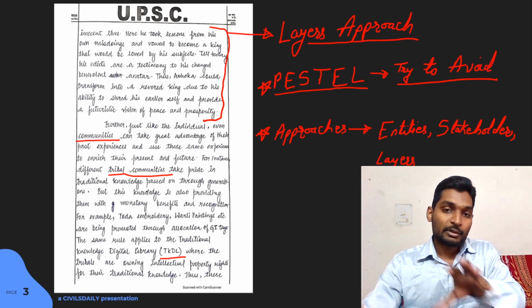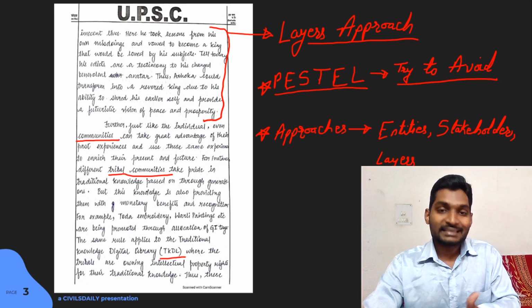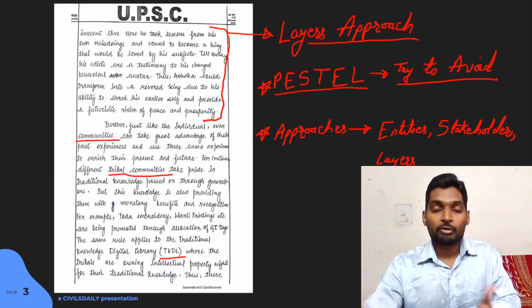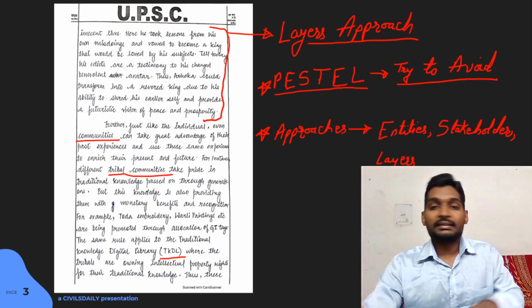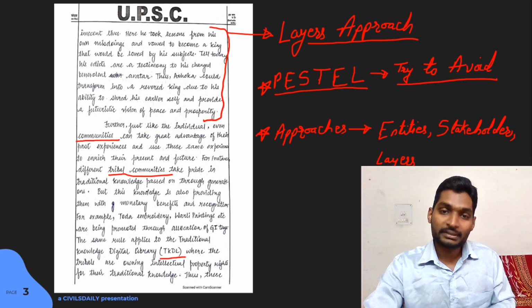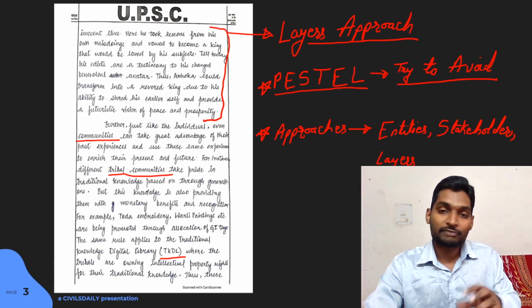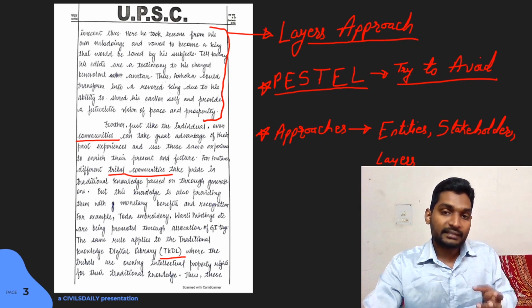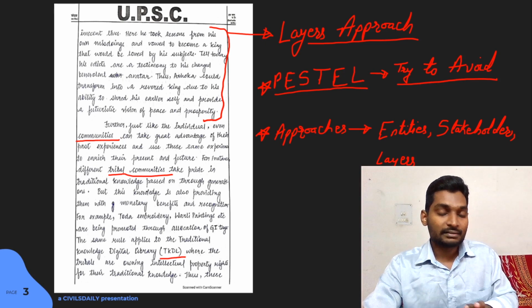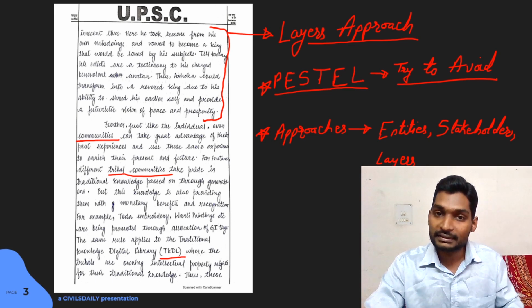Okay, coming back to this paragraph, layers approach. Now I have written something about the PESTLE approach as well. Now most of you must know what the PESTLE approach is. It is nothing but analyzing the topic from political, economic, social, technological, environmental, legal, historical dimensions and so on, and it is the most common approach used by students, and it serves the purpose in conventional essays that are part of Part A. But in philosophical essays, the PESTLE approach doesn't serve the purpose or doesn't meet the demand of the topic in the majority of cases.